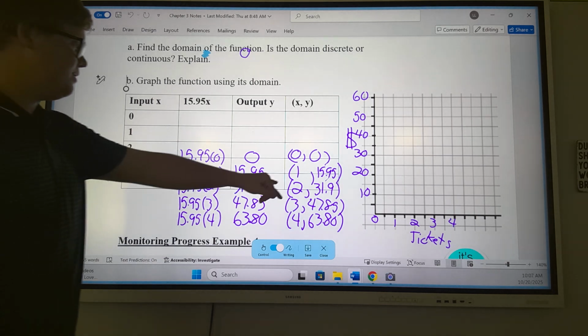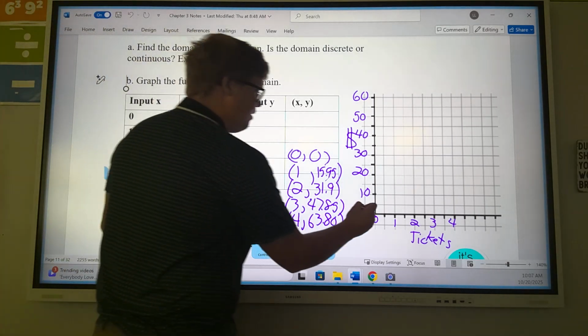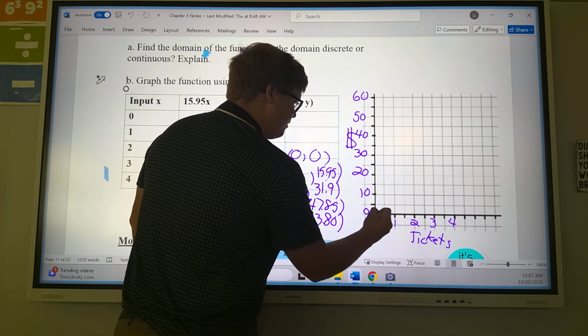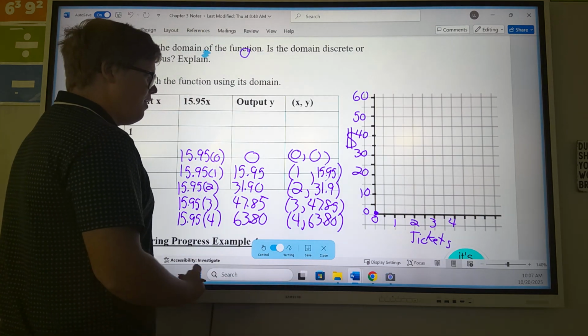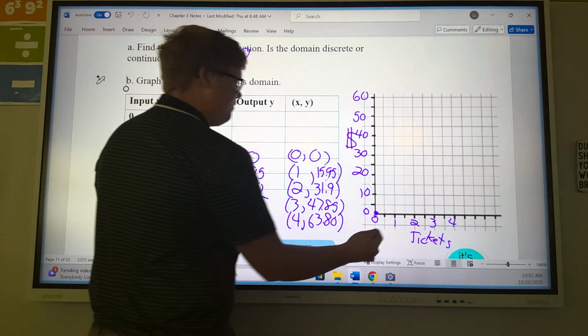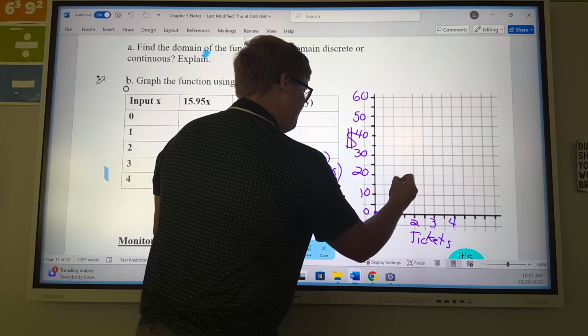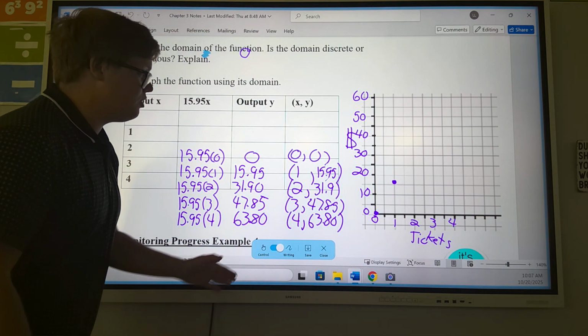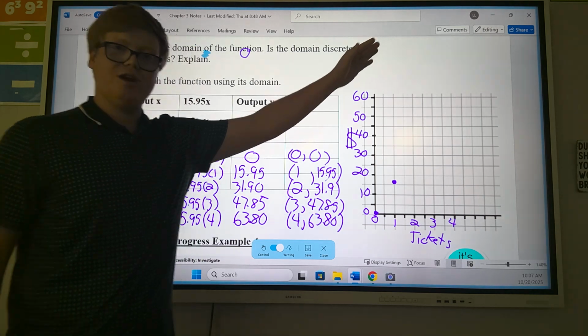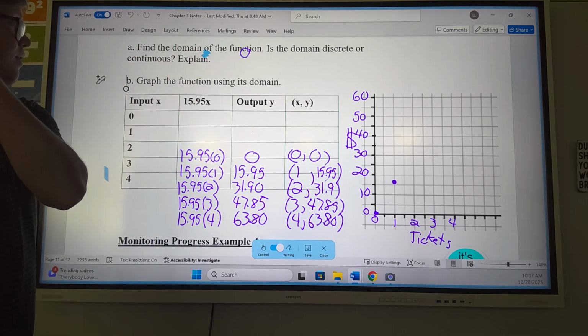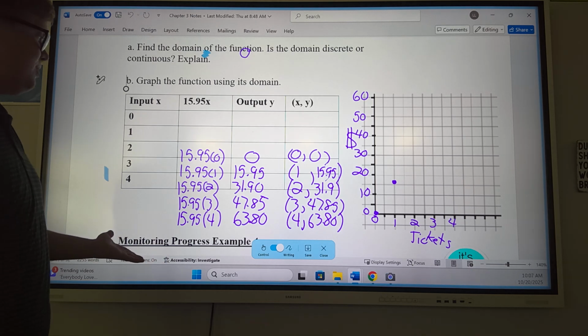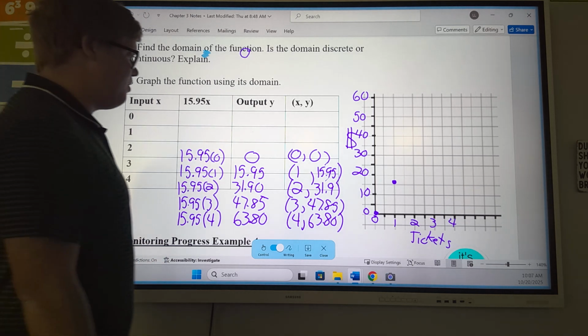Okay, at 0 tickets, we paid $0. So that's where we're going to make our point. Buying 1 ticket cost us $15.95. So let's say it's about there. Remember, this is a linear function, so we're going to try to make this line as straight as we can. Okay, if we buy 2 tickets, we spend $30.90.